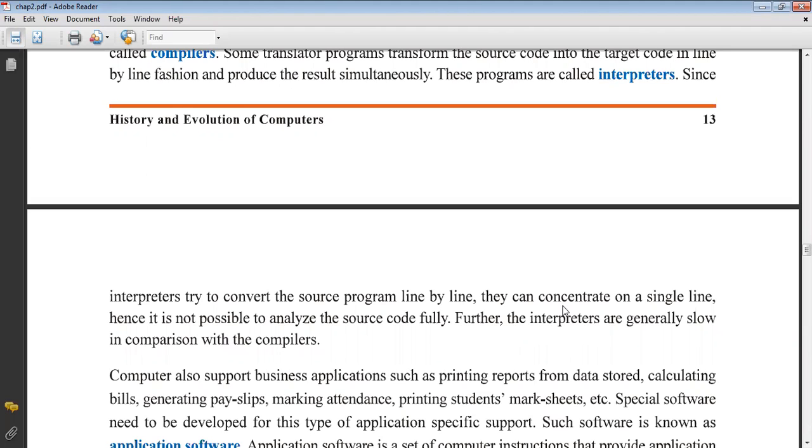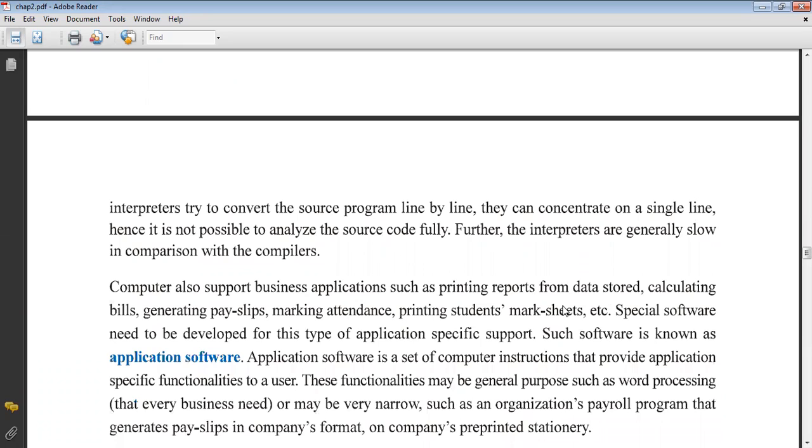It can concentrate on a single line. The difference between compiler and interpreter is that one will take line by line, and one will take the whole program at a time.